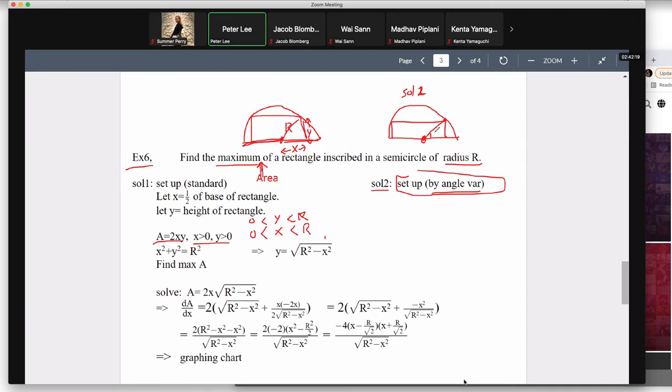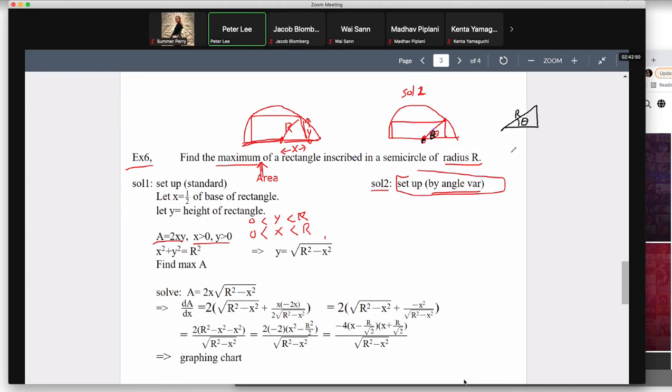And I'm going to create a theta here. So let's create the angle theta. Let me call this guy theta. So if you put a theta here, at the center, we have r here, and this guy is theta.